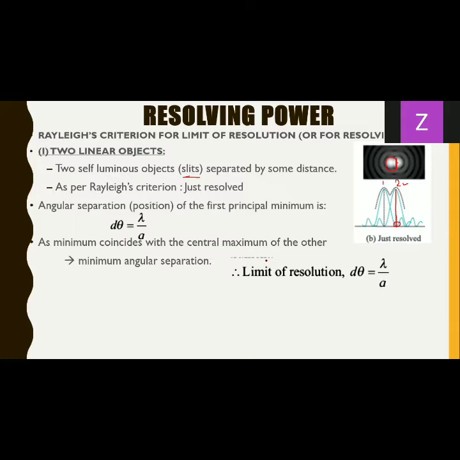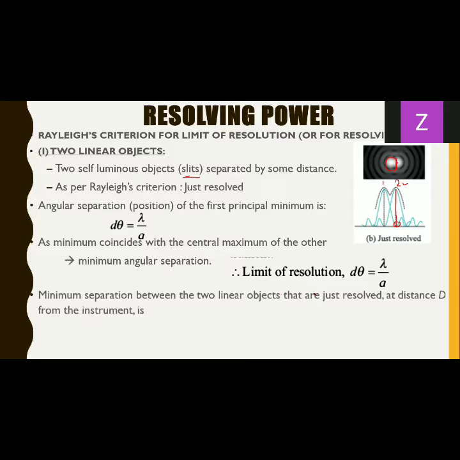Now, when we consider the minimum separation, these are at the just resolved case. So at the just resolved case, consider the minimum separation when the objects are kept at a distance d from the instrument. What will be the minimum separation in that case? It can be given by this formula: y equals d into d theta.